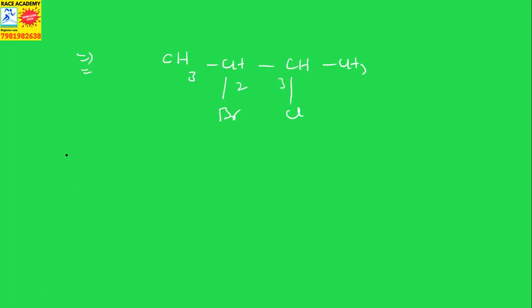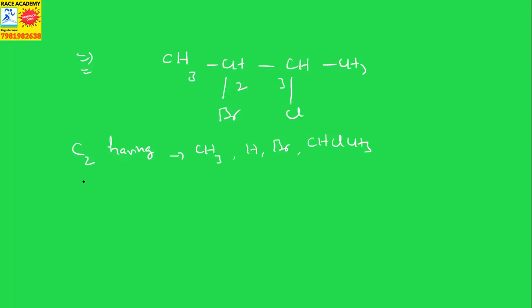In this, what are the different groups on the C2 carbon? We'll check. The C2 carbon has one methyl group, one hydrogen, one bromine, and one other group, that is the CHCl CH3 group, attached to it.